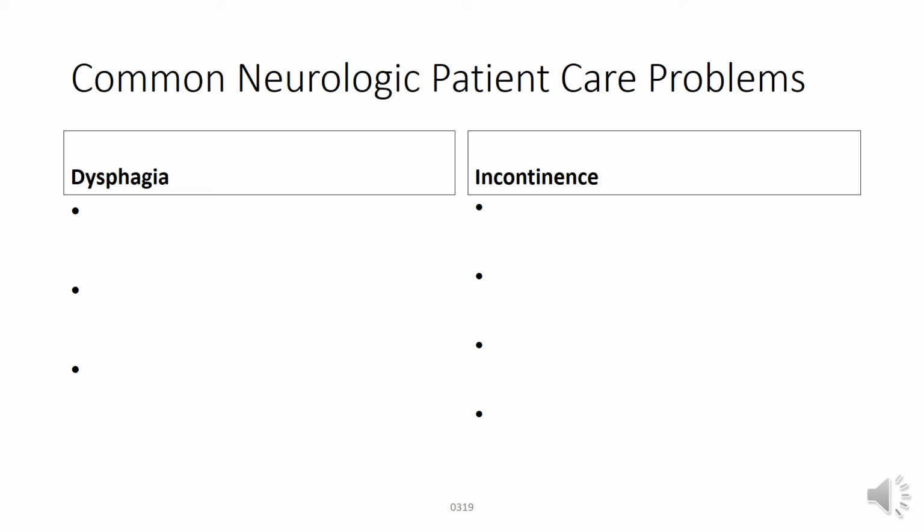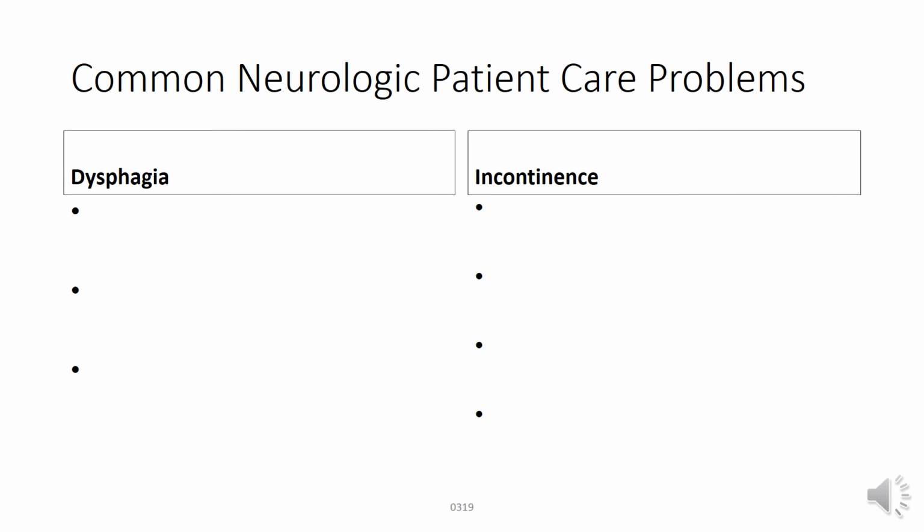Another area we would need to assess would be for dysphagia. This should be assessed on any client who has suffered a neurological insult. If a client has dysphagia, they would sit upright in a high Fowler's position to eat, and they need to maintain that upright position for 30 minutes after they eat.